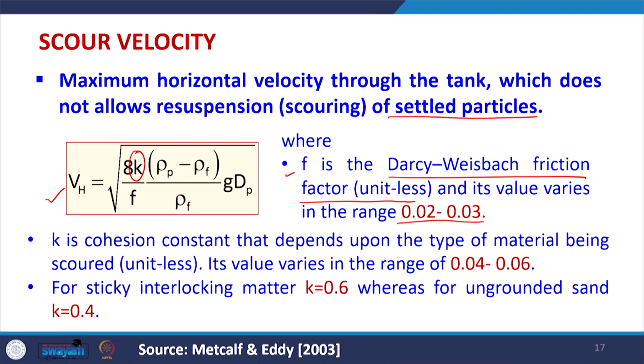K is the cohesion constant that depends upon the type of material being scoured, and it varies between 0.04 to 0.06. For sticky interlocking matter, the K value is taken to be 0.06, whereas for unground sand material, the K value is taken to be 0.04.